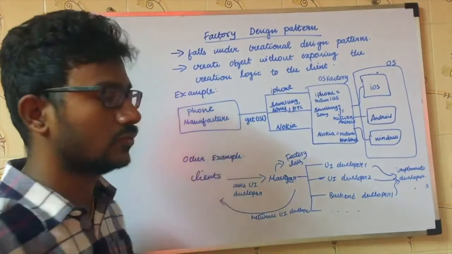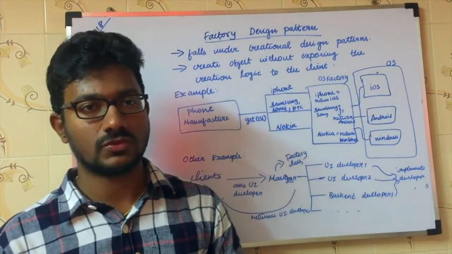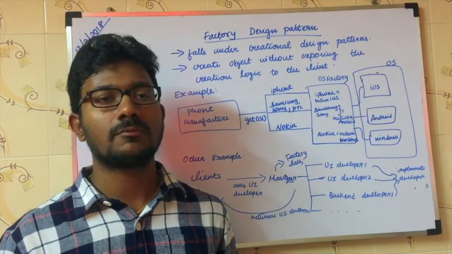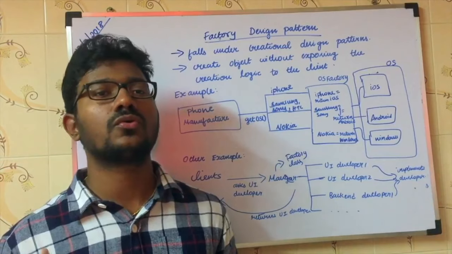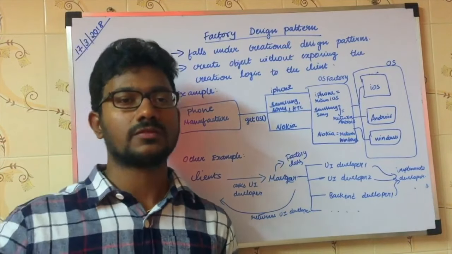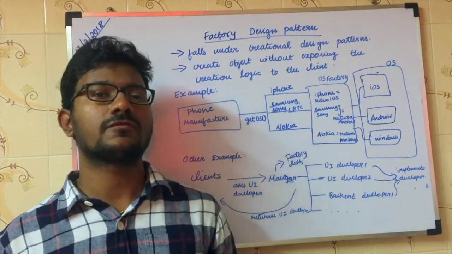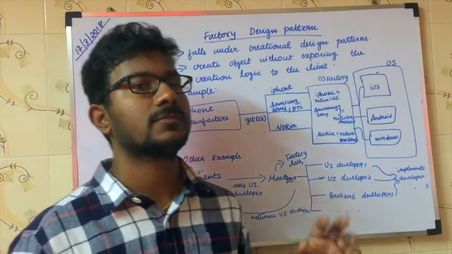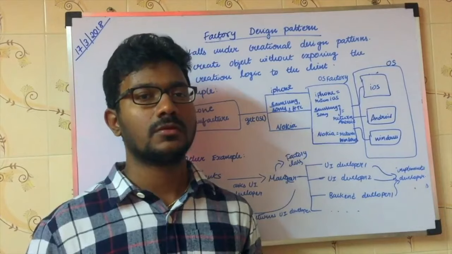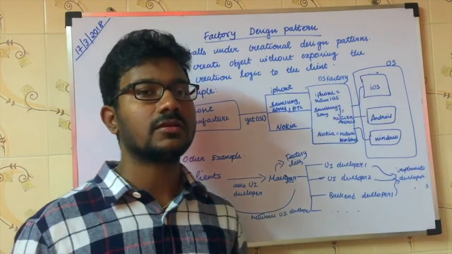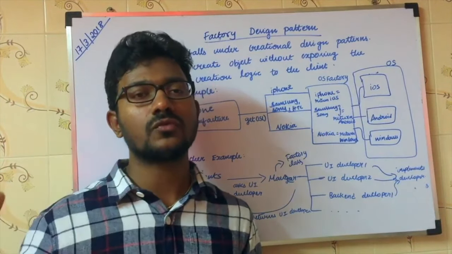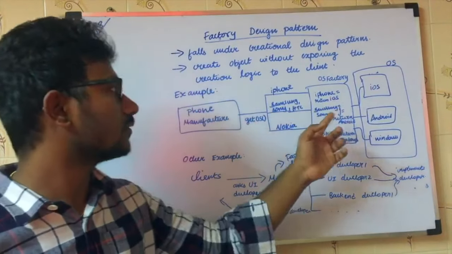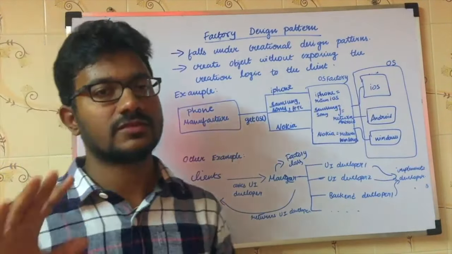Phone manufacturer. Suppose I am a phone manufacturer and I need an OS for various phones. I don't have any knowledge about the OS, but I need an OS for iPhone. So I just ask the OS factory for an OS for iPhone. The OS factory analyzes that the OS for iPhone would be iOS and returns iOS to the phone manufacturer.